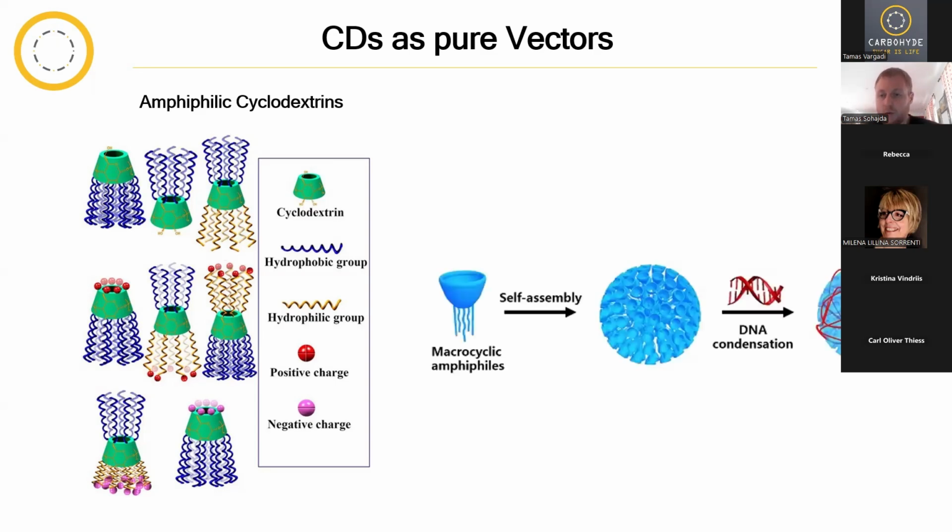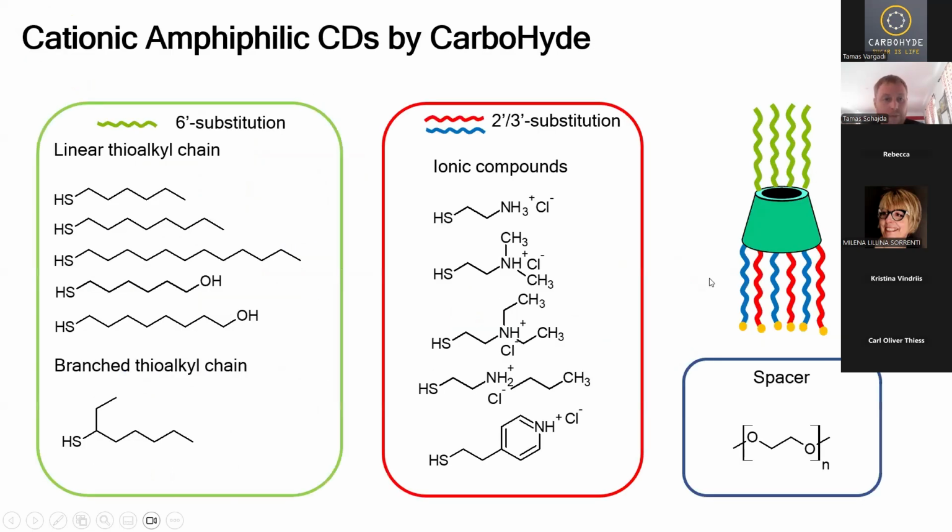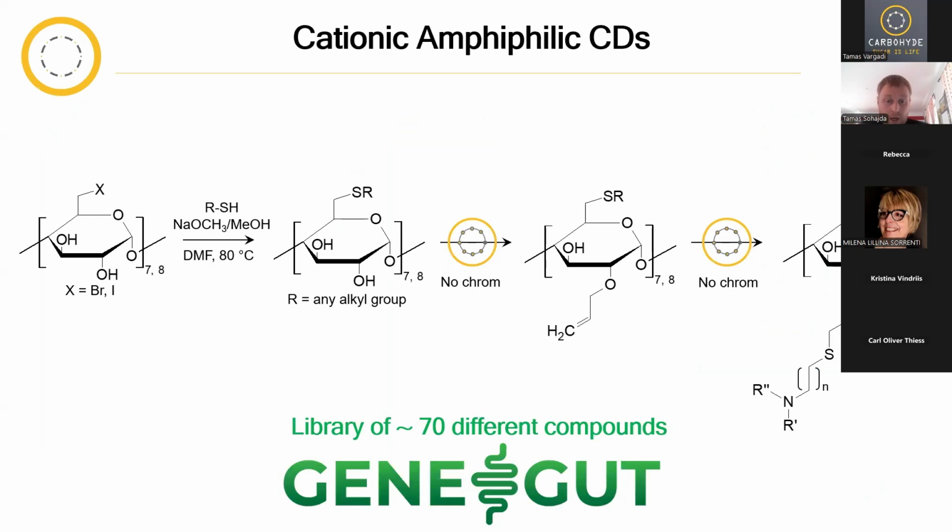So there's a huge versatility, and these amphiphilic cyclodextrins can create a nanoparticle and condense DNA in the middle. Here are some of the compounds that we have created, all the possible combinations with a lot of different tails and spacers. It's a huge library we have created, and we screened over 100 different types of compounds.